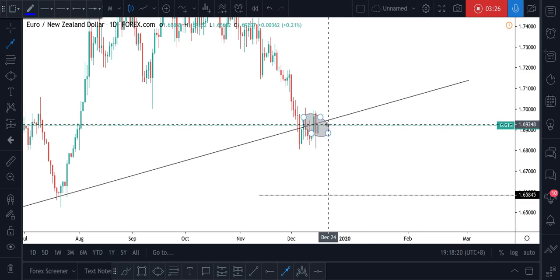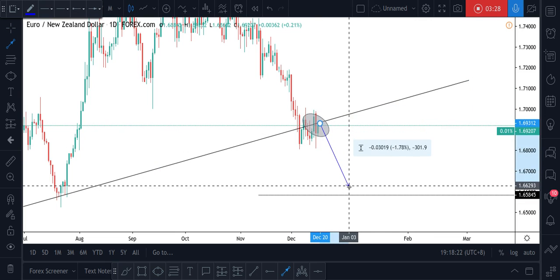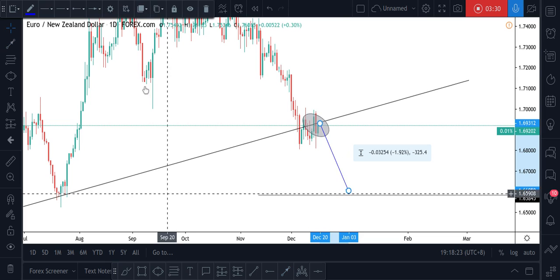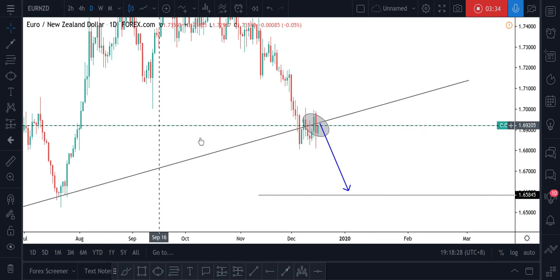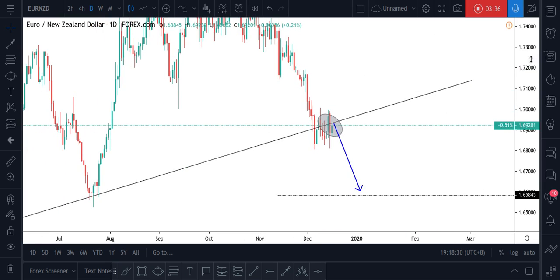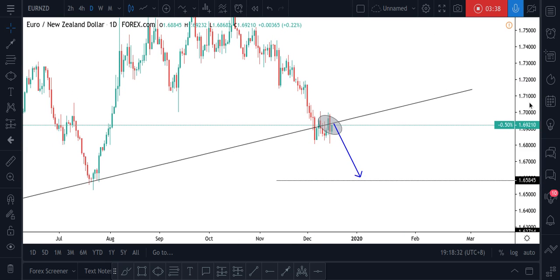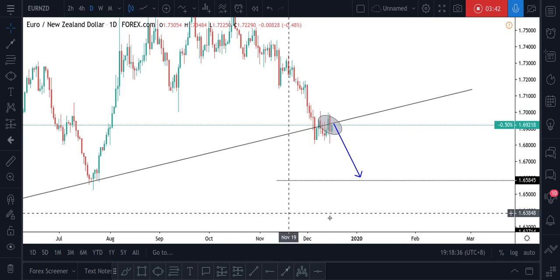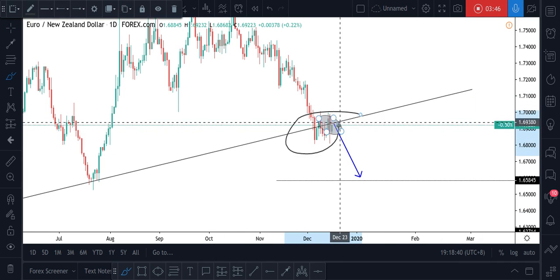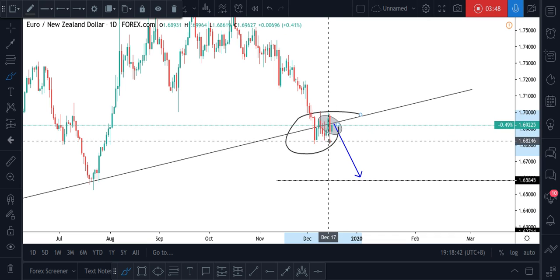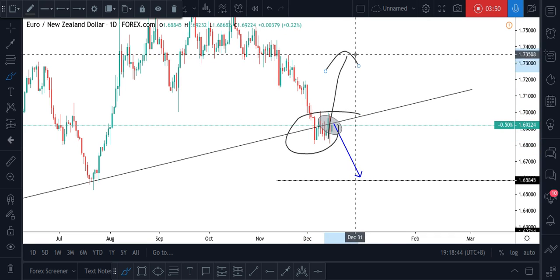Now if we want to enter around this area, you need to look at the 4-hour time frame and look at the price action to make sure that the environment of the market is running a bearish trend and not a bullish trend, because we could also have a false breakout of this area, or a false move to the downside and probably an uptrend.